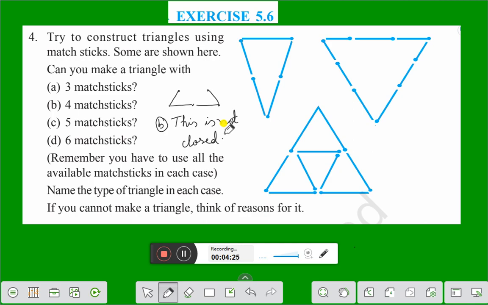Why? Because this is not a closed figure. The reason for B is, this is not a closed figure. Therefore, it is not a triangle. What is the reason? Because this is not closed. You have to remember that you have to take matchsticks of equal length. You have to remember this one.